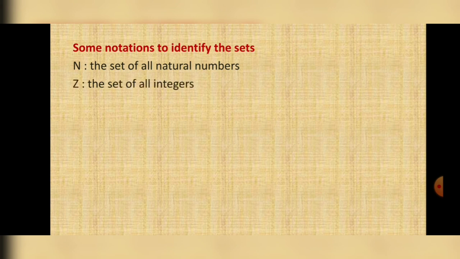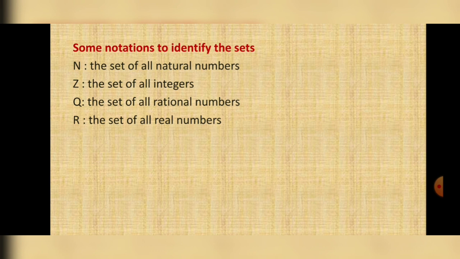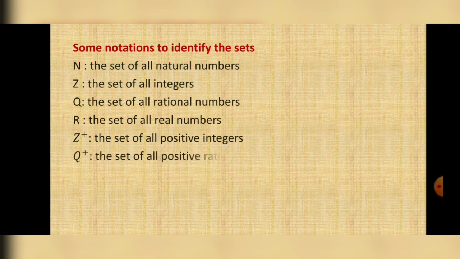Next, some notations to identify the sets. The first one is N, the set of all natural numbers. Second one is Z, the set of all integers. Next one is Q, the set of all rational numbers. R, the set of all real numbers. Next, Z plus, the set of all positive integers.